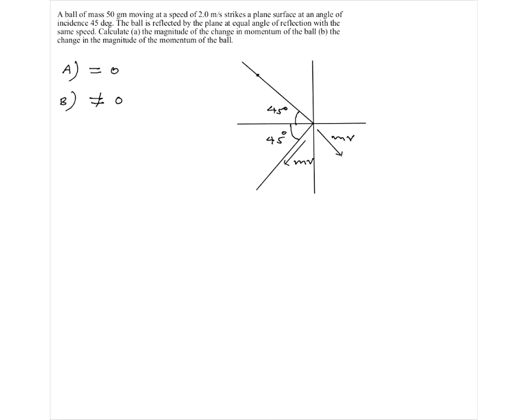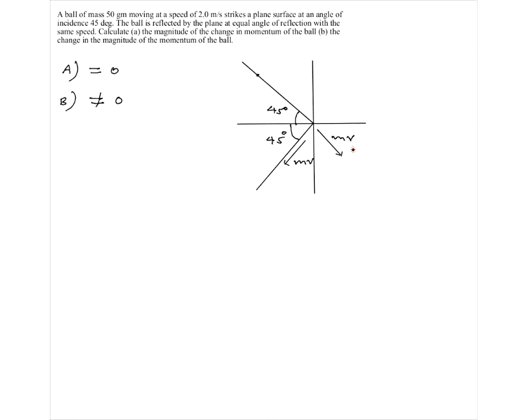What do you choose, A or B? Answer is B, because momentum change is a vector subtraction, not a scalar subtraction. Otherwise, mv minus mv is 0. But it is not mv minus mv. It is mv with this direction. It is this mv with this direction.